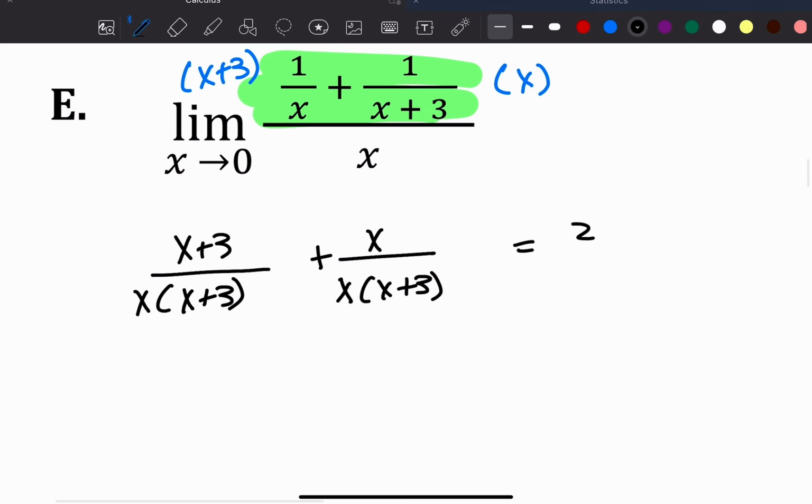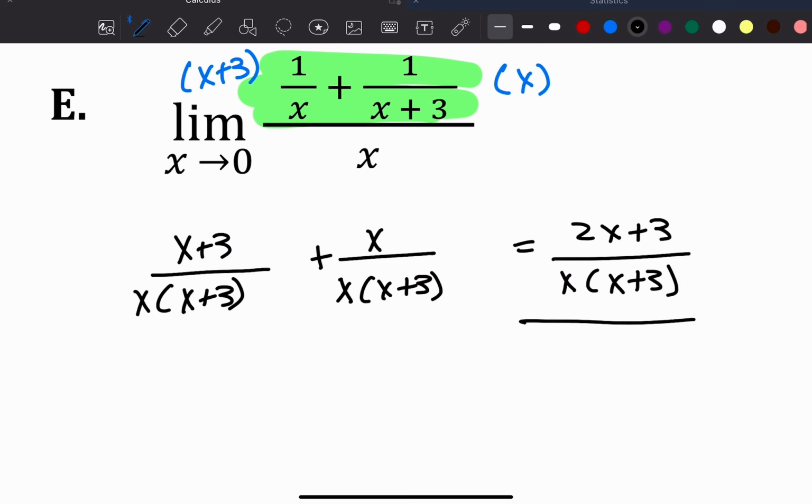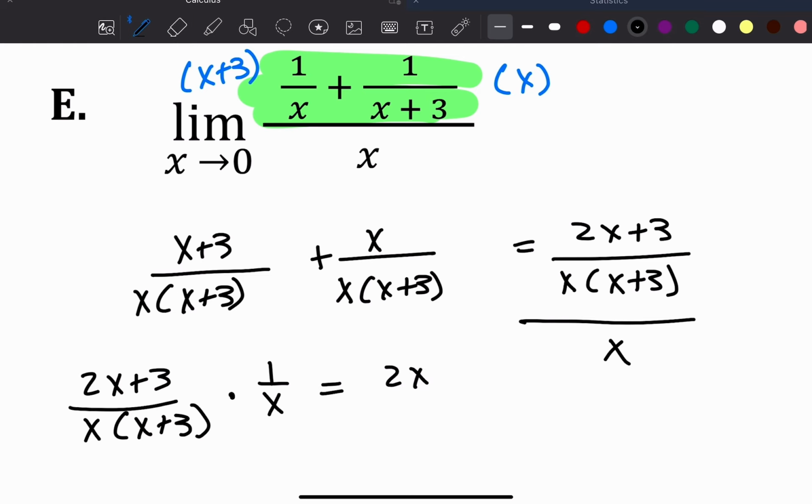This is 2x plus 3 over x times x plus 3, all over x. Okay, so I take the reciprocal of the denominator and multiply, so I get 2x plus 3 over x times x plus 3 times 1 over x, which gives me 2x plus 3 over x squared times x plus 3.